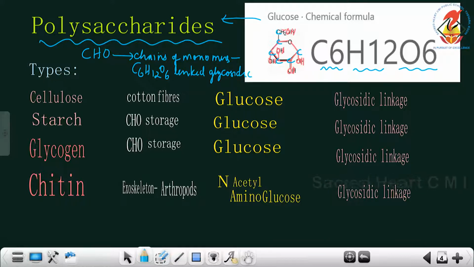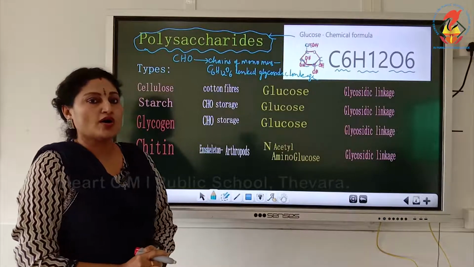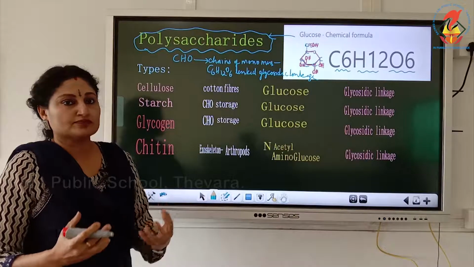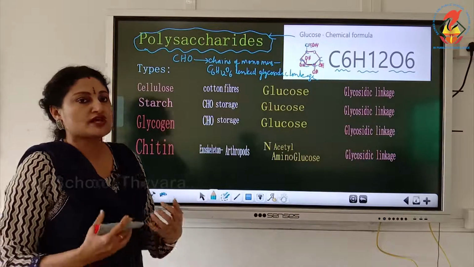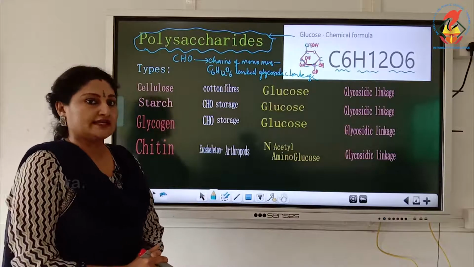So the type of bond is the glycosidic linkage. Now the generalized definition for polysaccharide is over. So what is a polysaccharide? It is a polymer of monosaccharides or polymer of glucose, and these monomeric units, glucose or monosaccharides, are linked by bonds called glycosidic linkages.